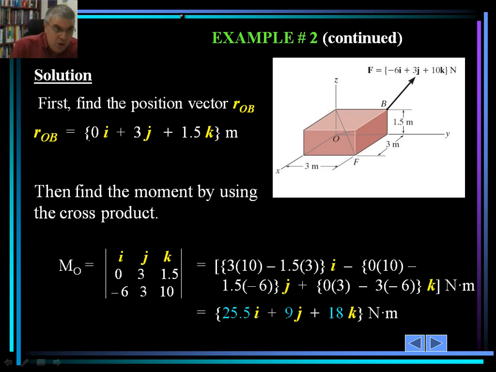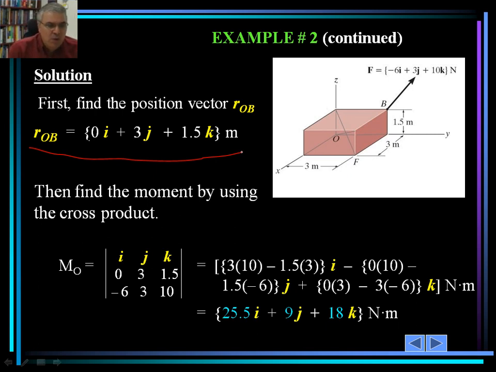So 0 i, since the i component, which is in the x direction, is 0, and there's only j and k components. The j component is 3, the k component is 1.5, and we can find the position vector as such, with all of the components of that. Then we're going to find the moment by using the cross product. Remember the moment about point O, we simply put i, j, k.